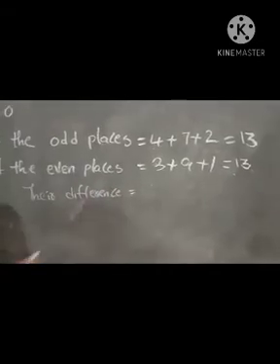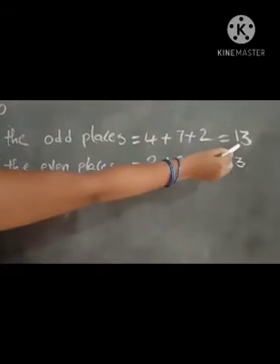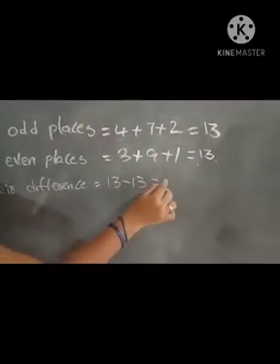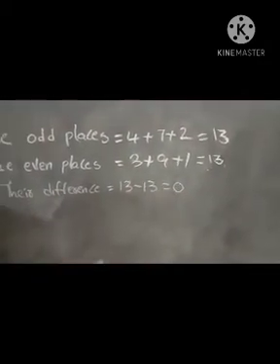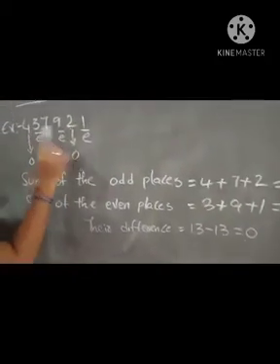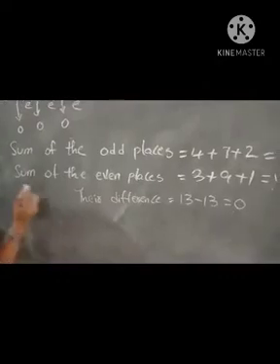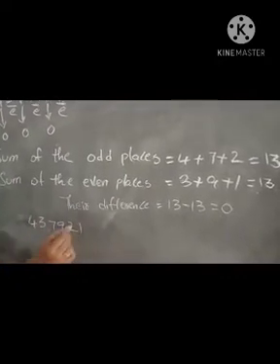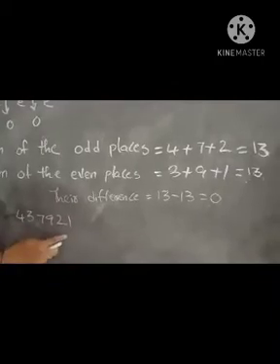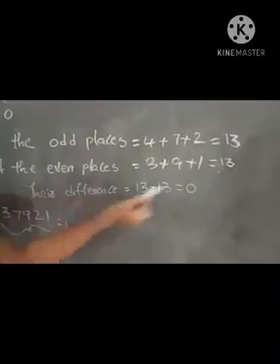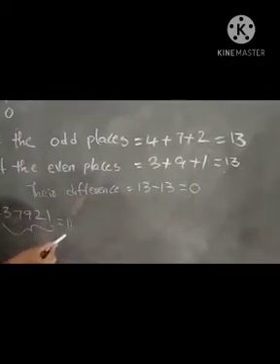Now what is the solution here? 13 and here also 13. 13 minus 13 is equal to how much? 0. If the solution is 0, then what is the total number here? See the example. 4, 3, 7, 9, 2, 1. This total number is divisible by 11. Why? Because the difference is 0, no? That's why the number is divisible by 11.